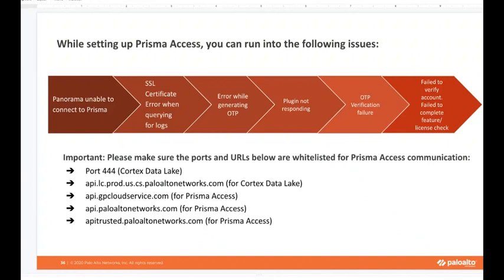If you have ever encountered such errors, first of all, make sure that you have all the given APIs and URLs whitelisted for the Prisma Access communication. Port 444, which is for the Cortex Data Lake, and the APIs for Cortex Data Lake and Prisma Access are all whitelisted.